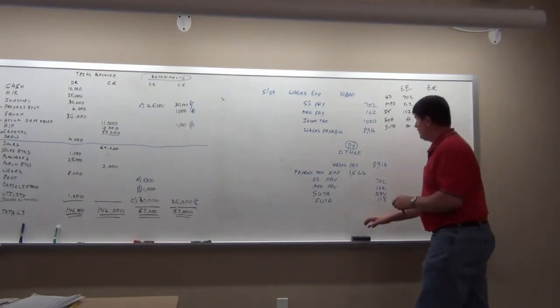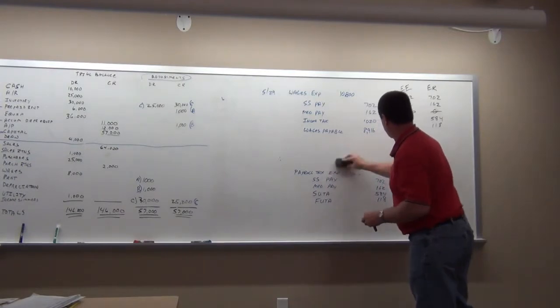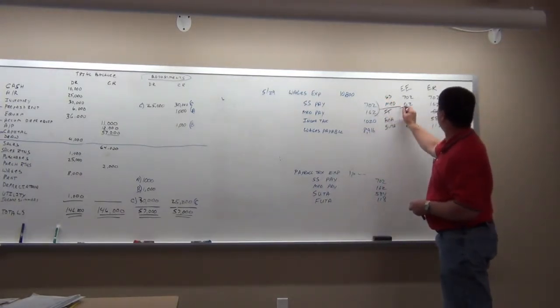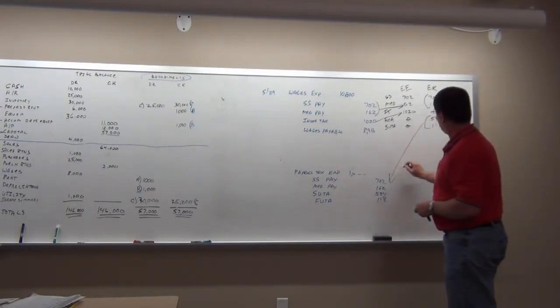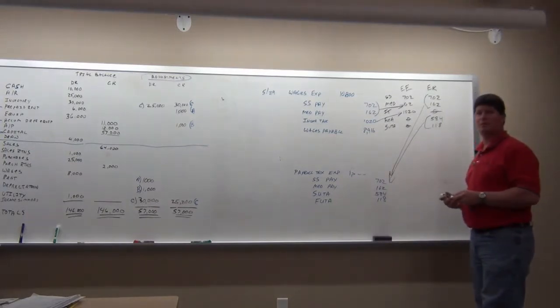If I take this out of the way real quick, you can see these things are going here, and all of these come from down here with the employer's part of the tax.